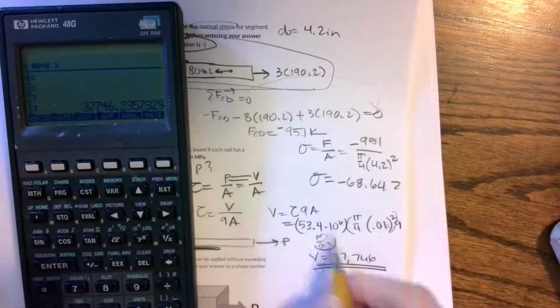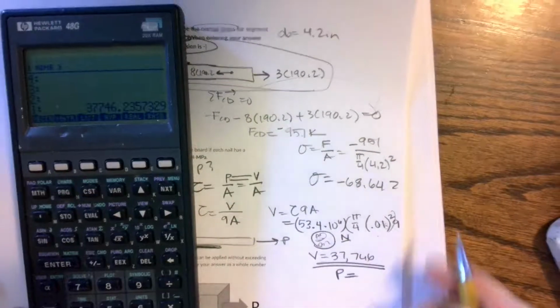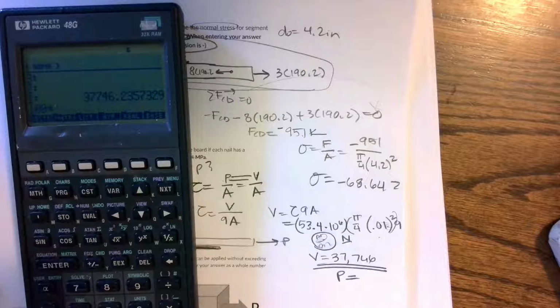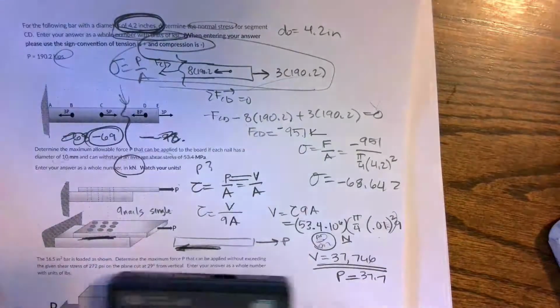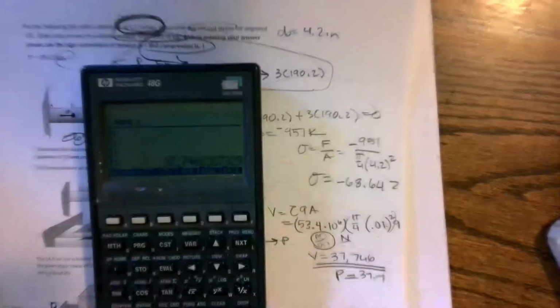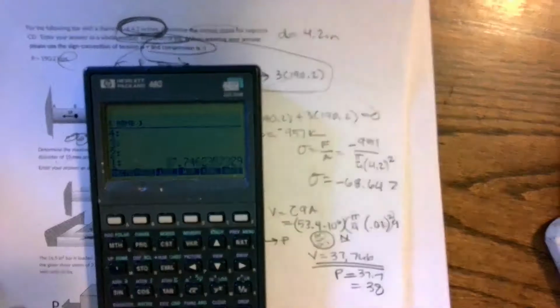I've worked everything in newtons because I went to pascals, so I'm going to divide that by 1,000, and I get 37.7 kilonewtons. And it says as a whole number, so 38.